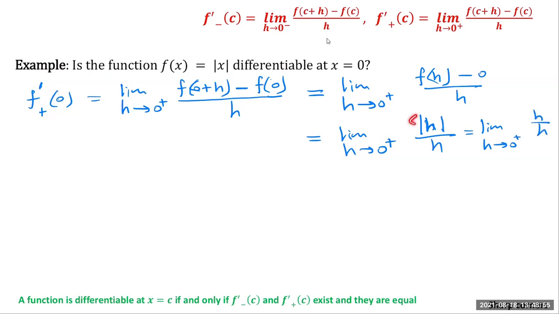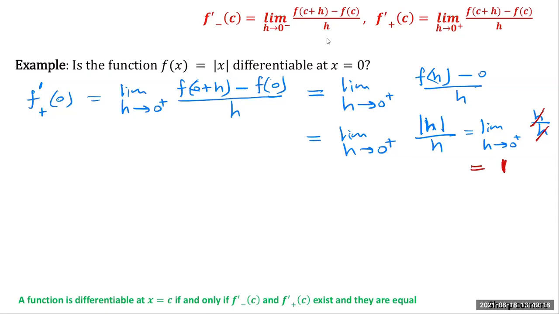The absolute value of h is the same as h because h is a positive number. Now, by the cancellation law, h and h will be cancelled. H divided by h is 1. The limit as h approaches 0 plus of 1 is 1 itself. So the answer is 1.